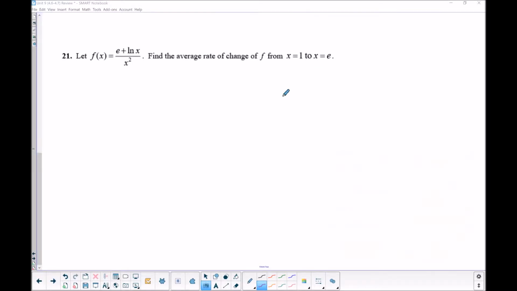So the average rate of change of f, I'm kind of throwing an idea back at you that was a preliminary idea to the derivative. And I know that sometimes you guys will see the word average in a problem, and you might immediately think average value of a function.